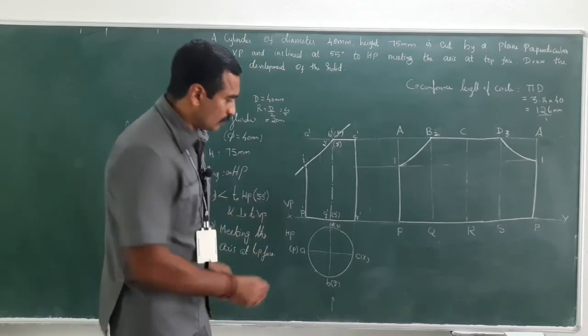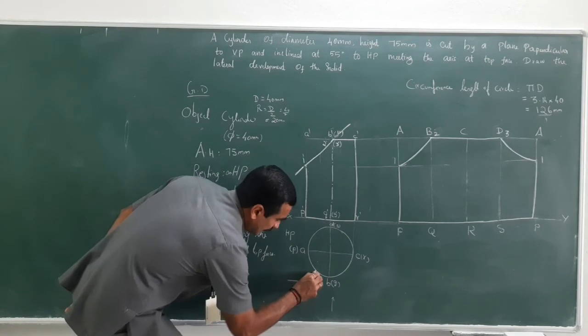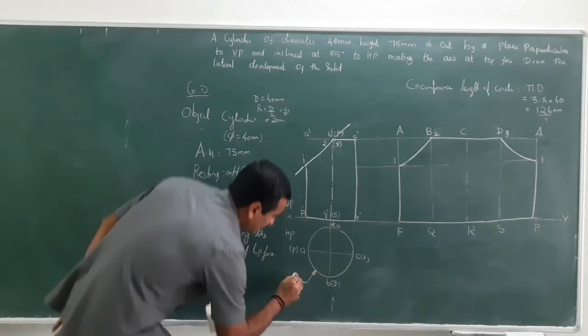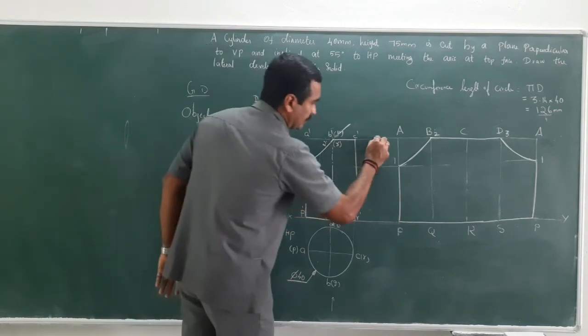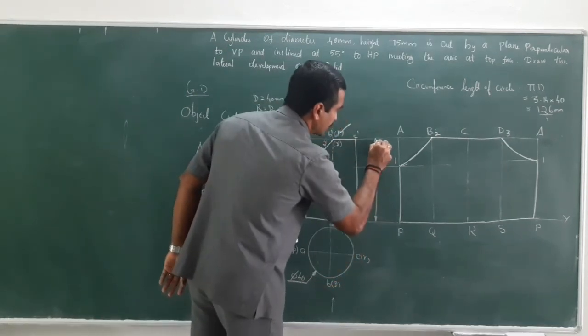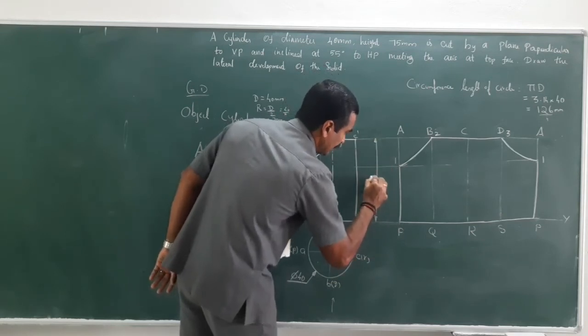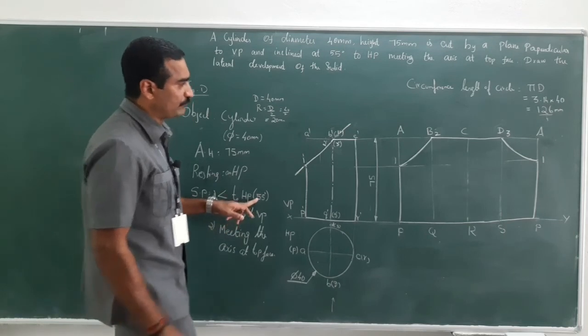Now I am going to mark the dimensions here with the leader line. I am marking the dimension as dia 40 and the axis height, which is 75 mm, and the cutting plane inclination is 55 degree.